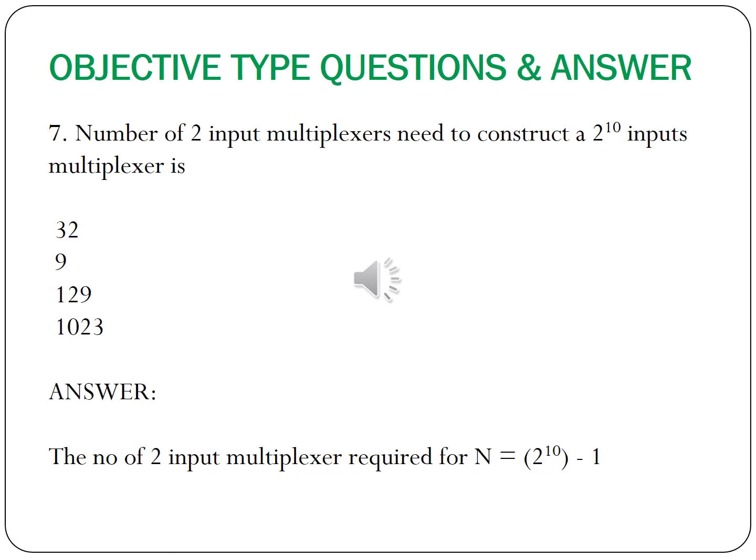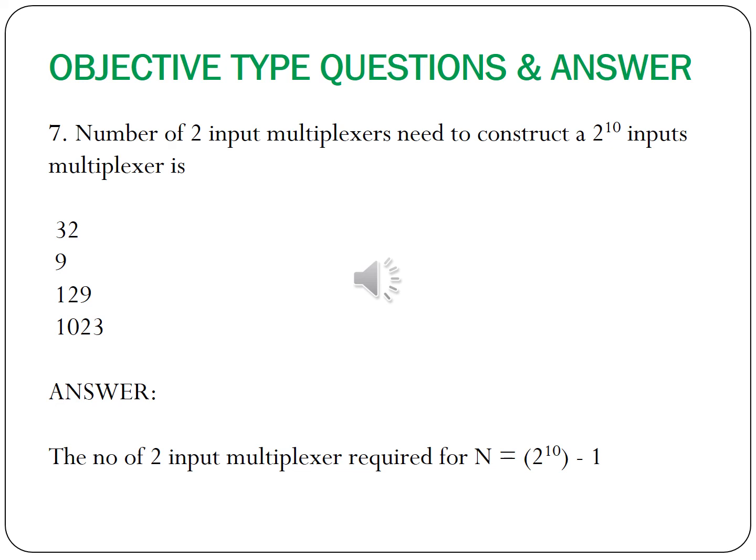Next question is the number of two input multiplexers needed to construct a 2 power 10 input multiplexer. How many two input multiplexers are required? 32, 9, 129, 1023.